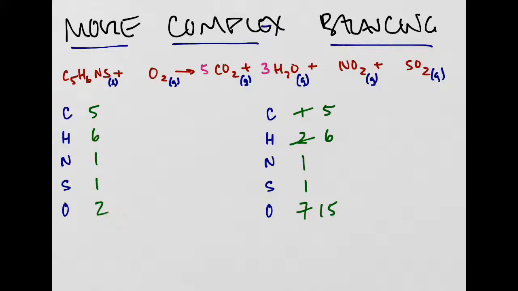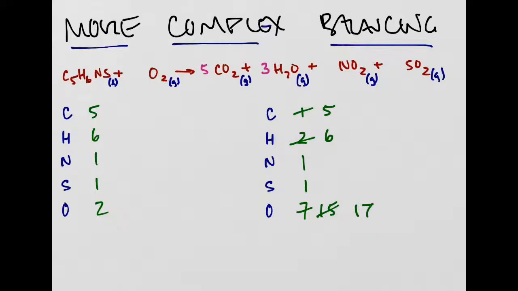So I'm not going to have just 15 oxygens anymore, since we can see here I'm going to have the 10 that I had here, 5 times 2, add 3 more, so 13, 14, 15, 16, 17. So now I have 17 oxygens going on over here.